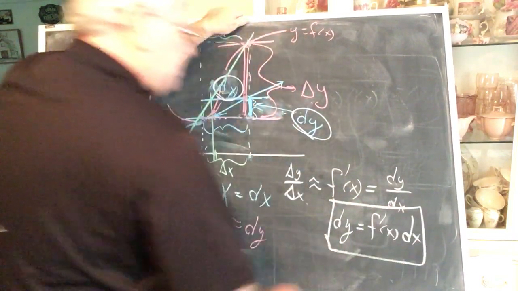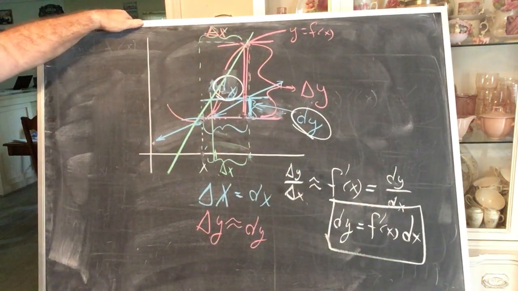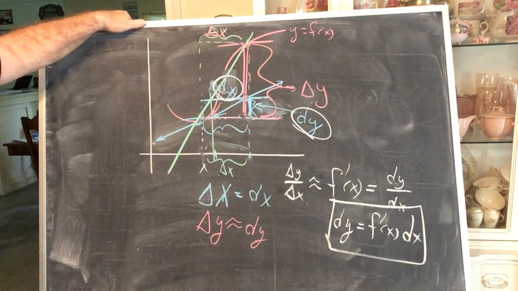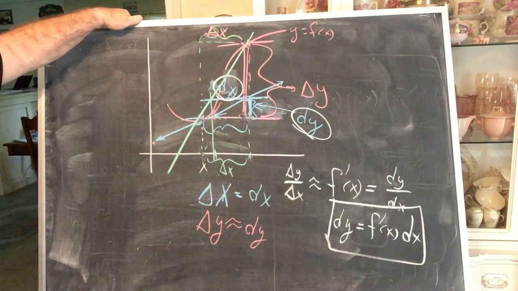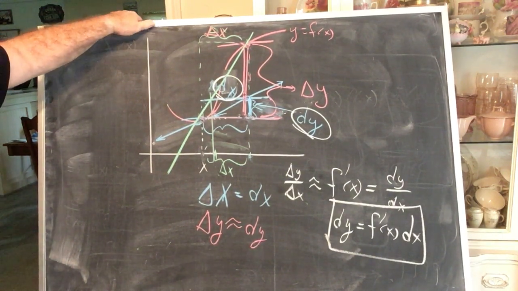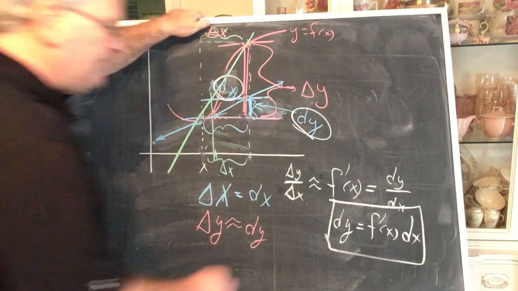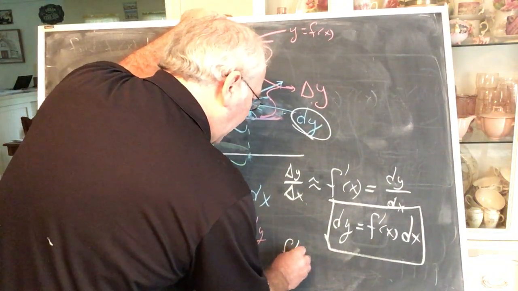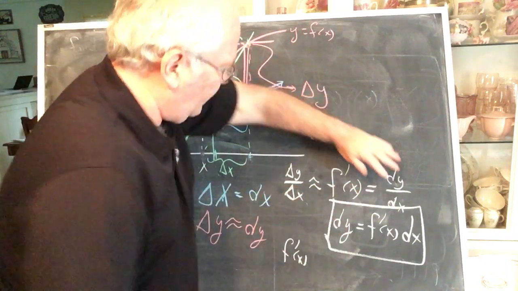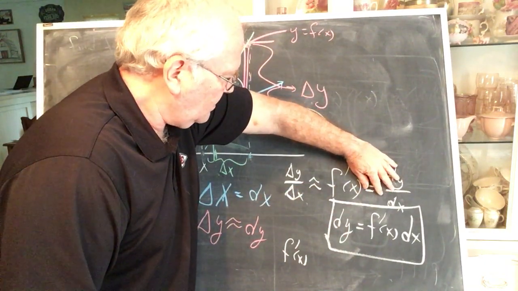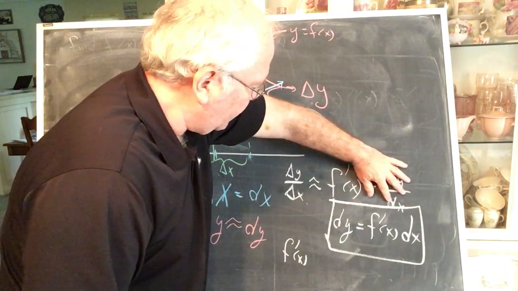We will use that statement over and over and over again in Calculus 2, Calculus 3, and when you go to differential equations, that gets used over and over again. But what we also have is this. F prime of x, with this half of the equation, this is now an approximate equation.